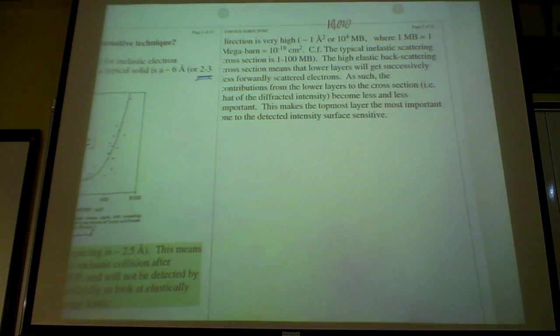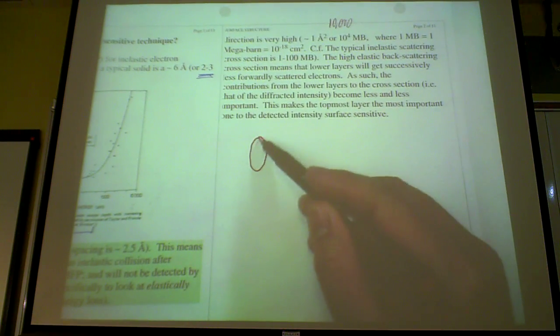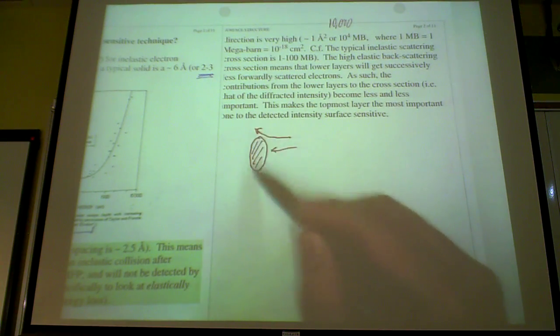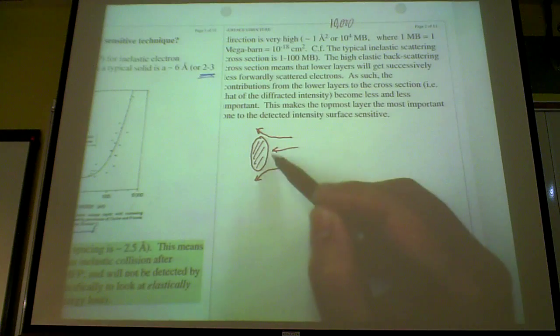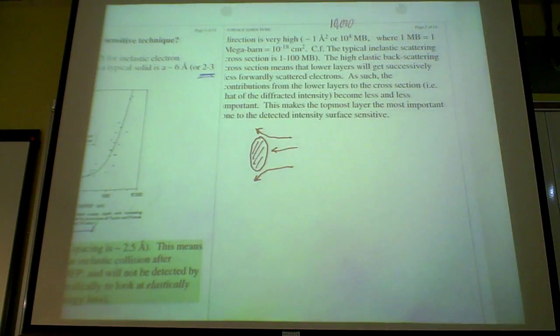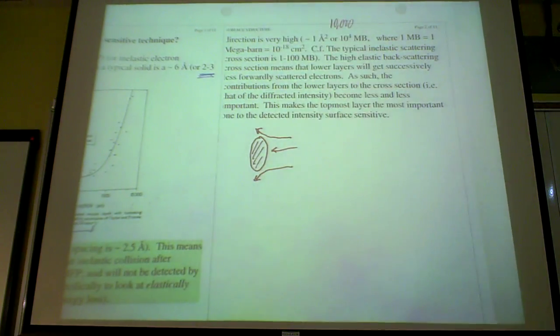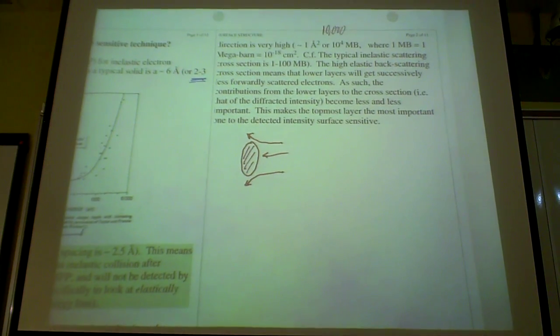Let me just draw something. You think of a cross section like this, right? You're bashing the electron into this. The bigger this cross section, the more chance that the electron beam gets scattered away. That's why the word cross section. This area dimension is quite relevant because a bigger area, like 1 angstrom square, will be better than 0.01 angstrom square. So it's a measure of the probability of getting scattered.